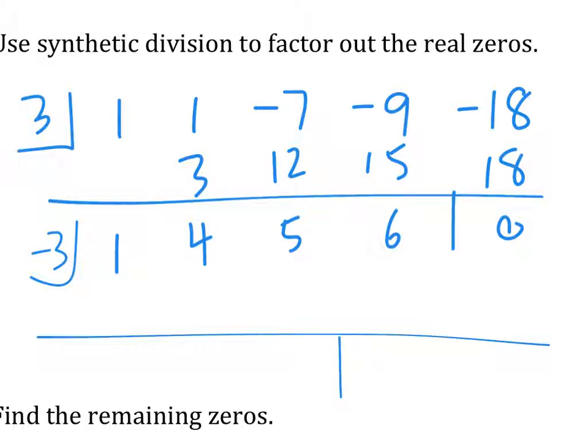You have to find the rest of the zeros, and since it's a second degree, you can use the quadratic formula.